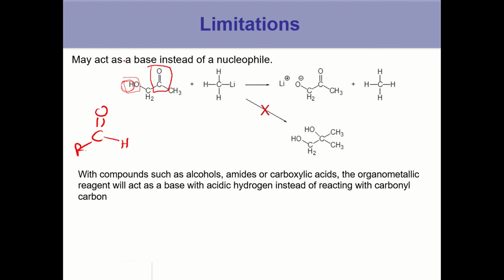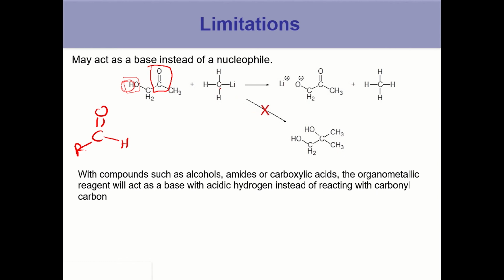Because this is such a strong base that it can even react with water, if the other reactant molecule has any acidic hydrogen, the organometallic compound will show its basic reactivity rather than the nucleophilic reactivity.